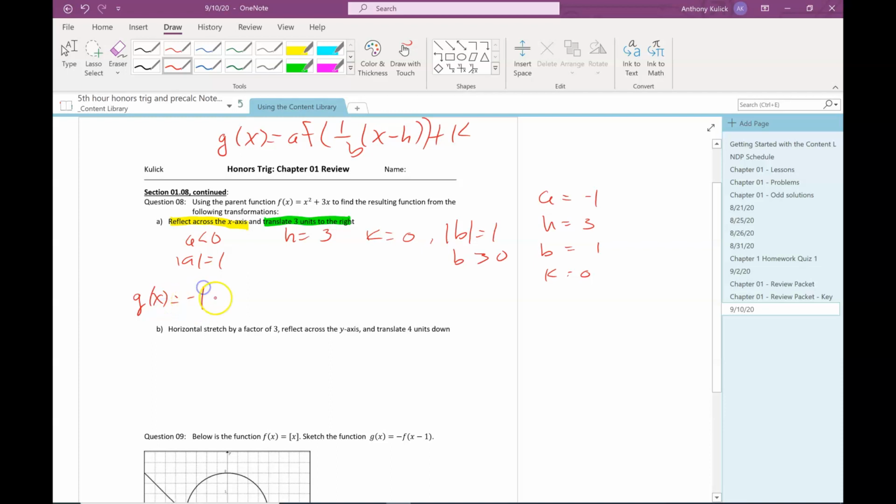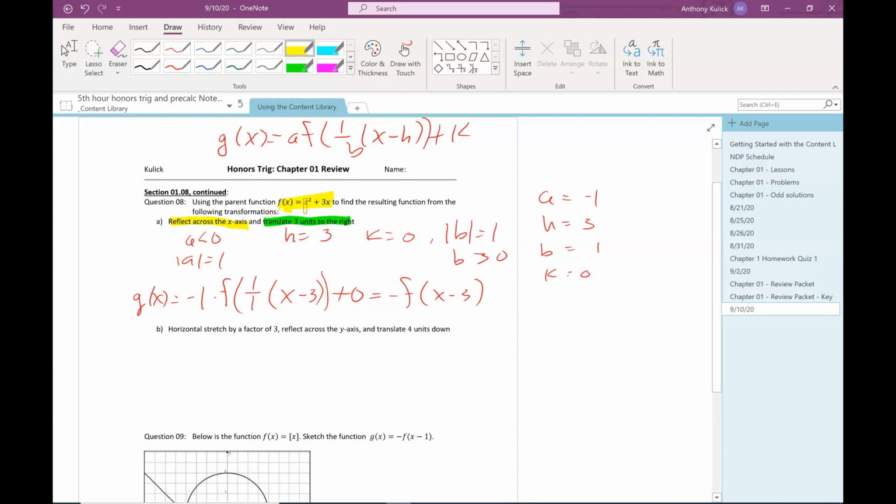So I have -1 times f of 1 over 1 times x minus 3, plus 0. Okay with that? If I simplify this down, this is just negative f of x minus 3.